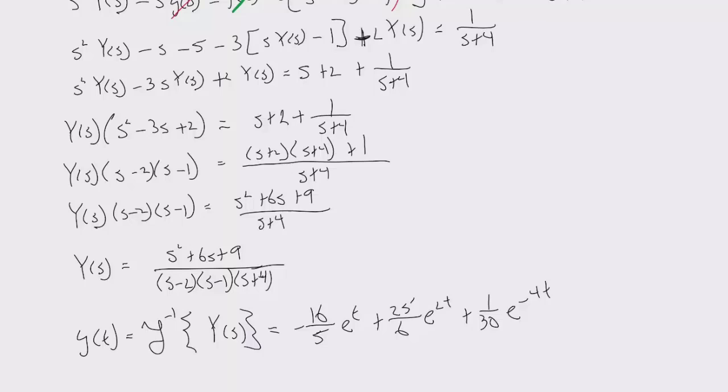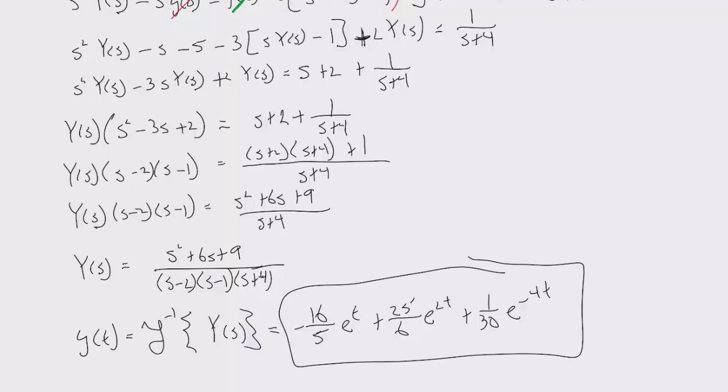And again, what's great about this process is because the initial conditions were built into our Laplace transform, we're done. Like, we don't have to do anything else. That is our function based on those initial conditions.